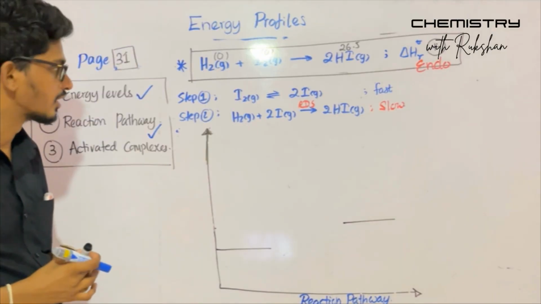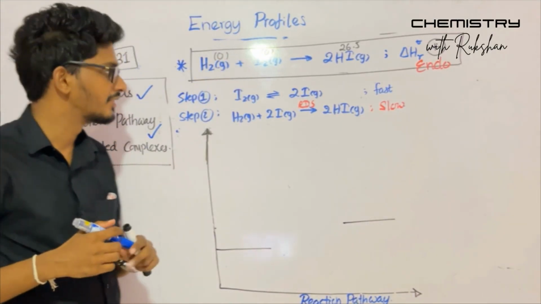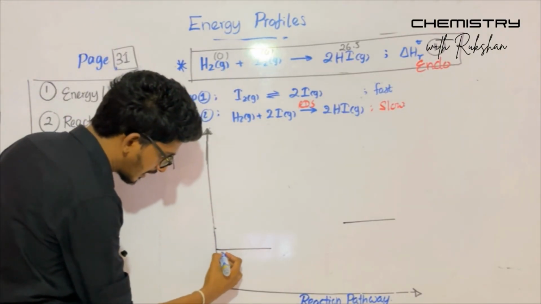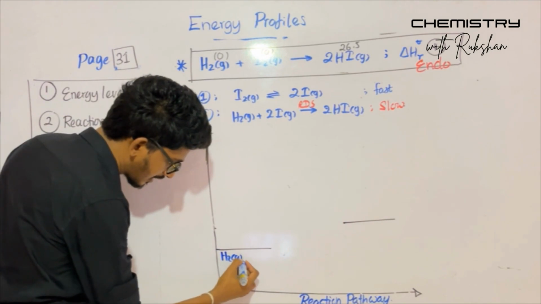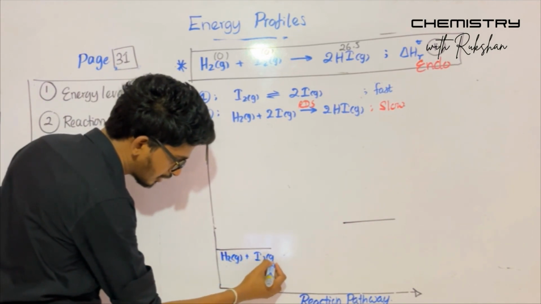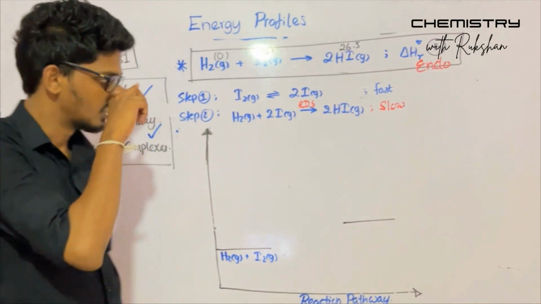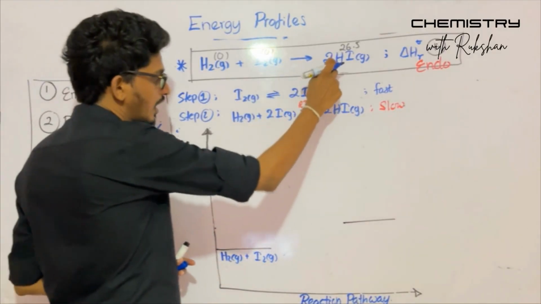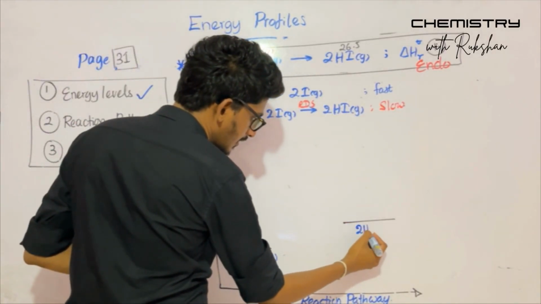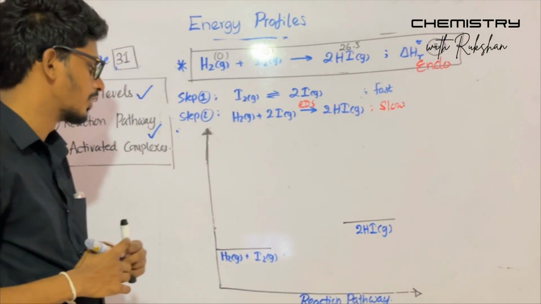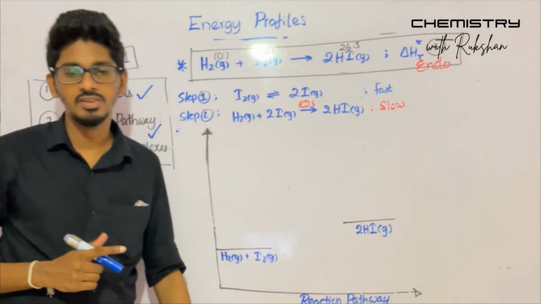At the reactant side, you have an H2 molecule and an I2 molecule, H2 gas and I2 gas. Remember, it is essential to write the physical state, otherwise you won't get marks. At the product stage, you have two HI molecules, HI gas. So the reactant and product energy levels are done.